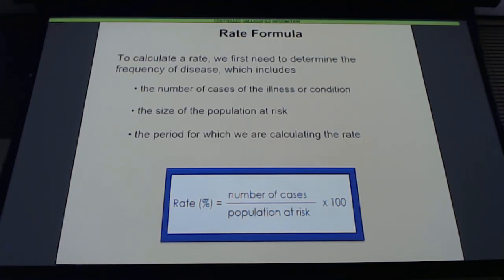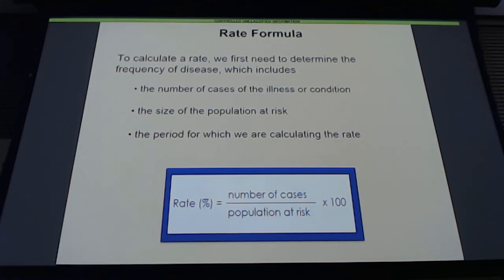So if we have 3,000 during 1 year, your population total should be the population exposed for that 1 year time period. So we could say 3 million. And then we just divide the number of cases by the population at risk. Now, the thing that's not on here that we really need to talk about is right here we have a multiplier of 100. See that? Here we have a multiplier of 100.